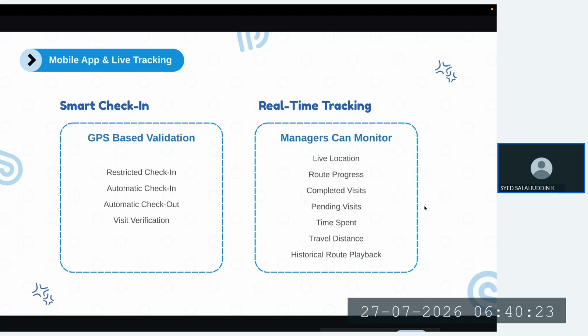This means managers no longer need to call representatives throughout the day asking where are you, when will you be visiting, have you completed today's target or not, when will you reach the next appointment, and so forth. All this information is available directly from the Route IQ dashboard with this smart check-in and real-time tracking feature.